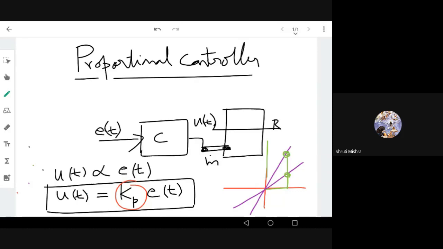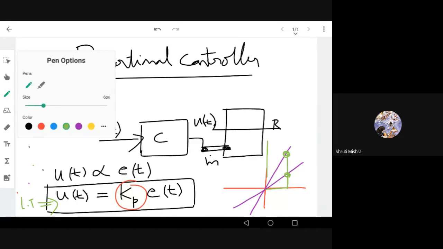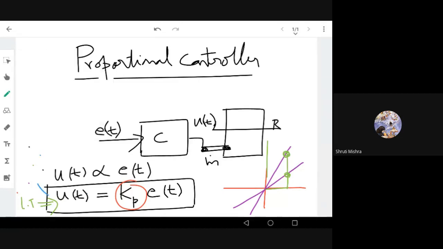Okay, so Kp. Now, if we apply a Laplace transform onto this equation u(t), what will happen? If I apply a Laplace transform, u(t) becomes U(s) equal to Kp into E(s).